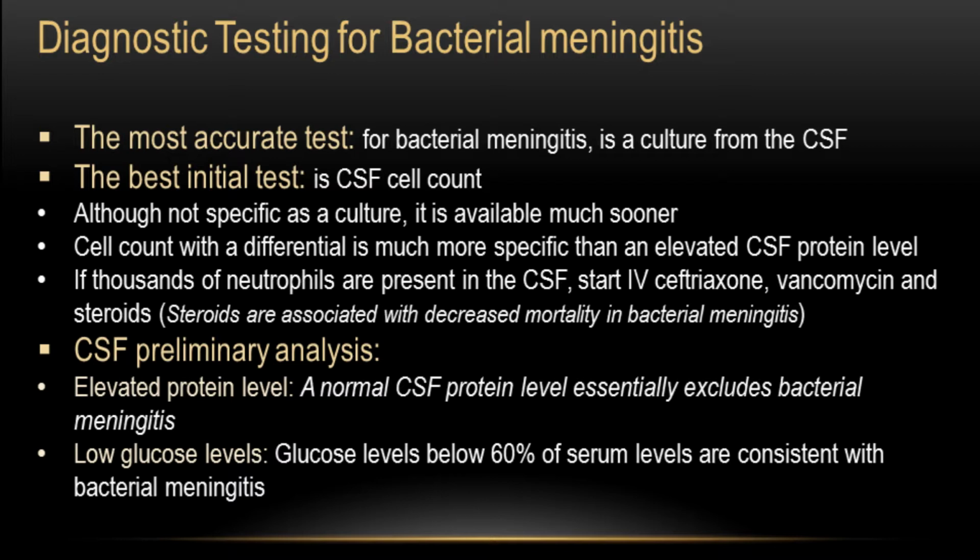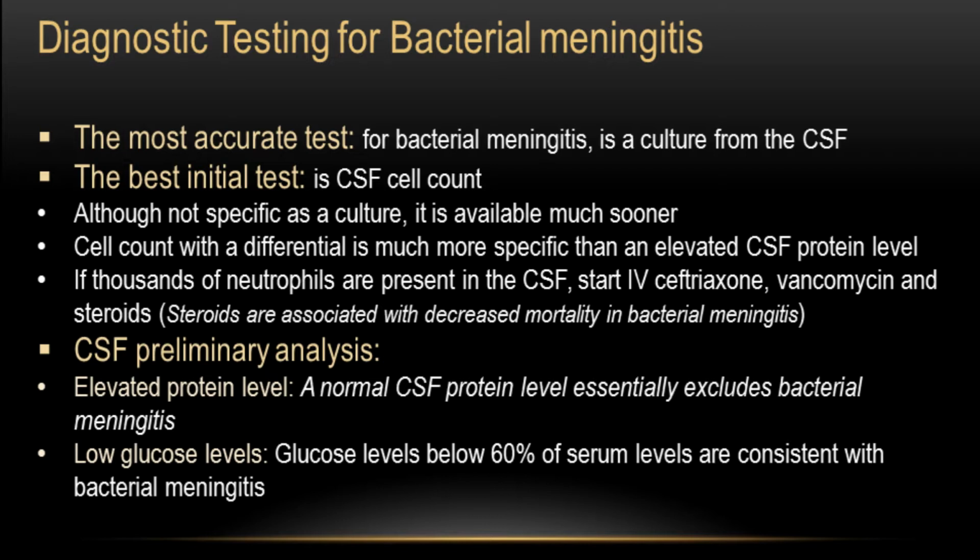What do you expect to see in CSF cell count? You would expect to see thousands of neutrophils, neutrophilia, too many neutrophils in the cerebrospinal fluid. And then you will definitely be able to culture an organism. And we will also have elevated protein level in the CSF. As a matter of fact, a normal CSF protein level can exclude bacterial meningitis, because what are bacteria?